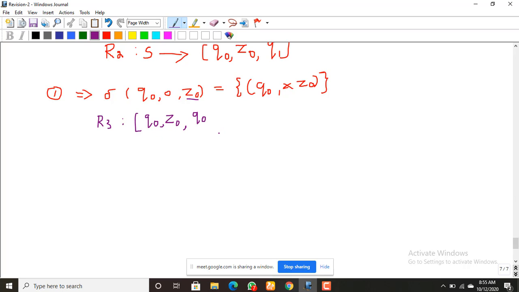Only two states are possible in the four production rules, Q naught and Q1. And this Q naught refers to this state only, not the other one.